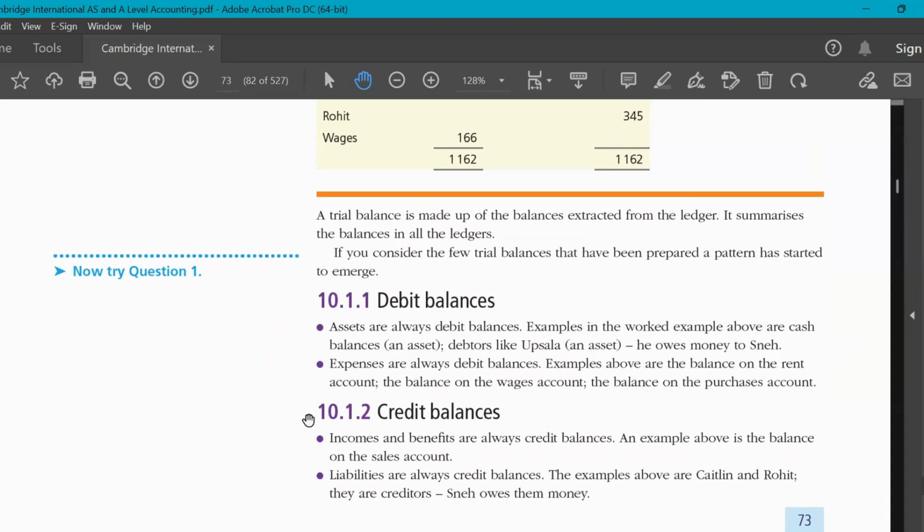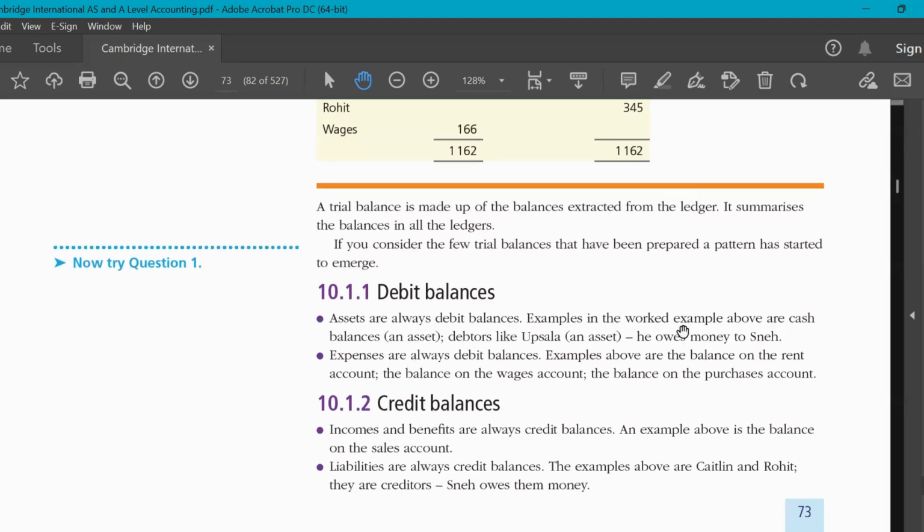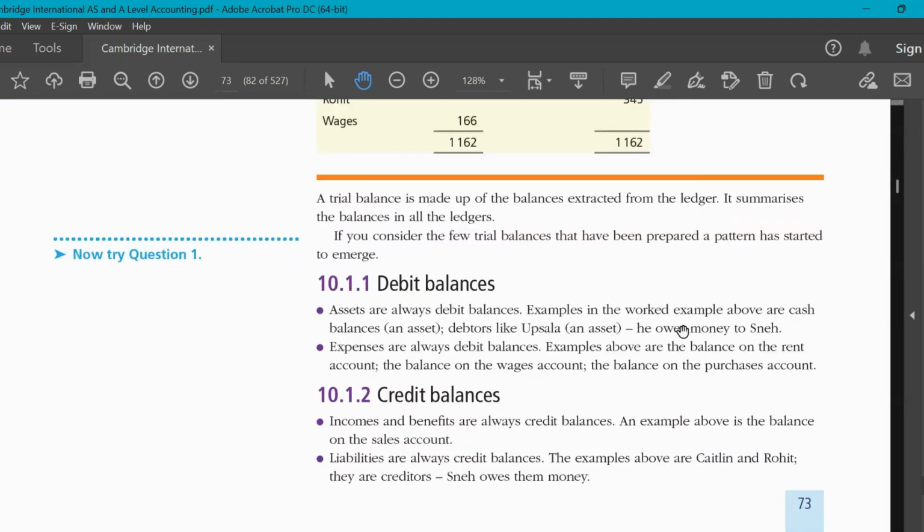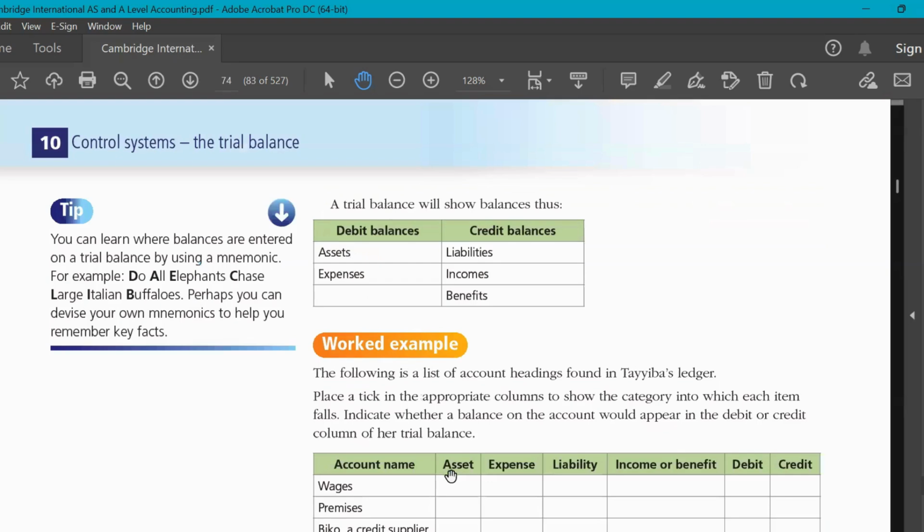Examples are the balance of the rent, the balance of the wages, the balance of the purchase account. Credit balances, of course, are all about the incomes and the benefits, especially the sales account. All the liabilities are included in the credit balance. So again, because you owe.